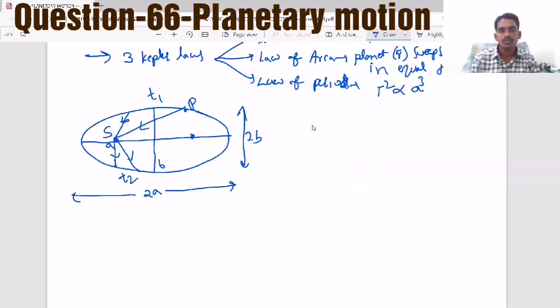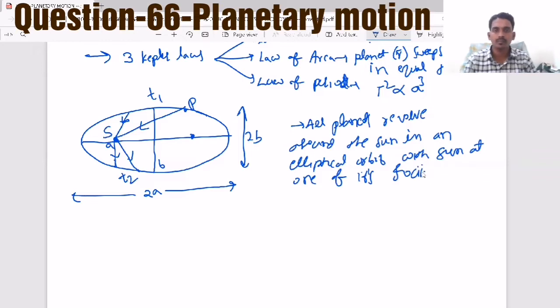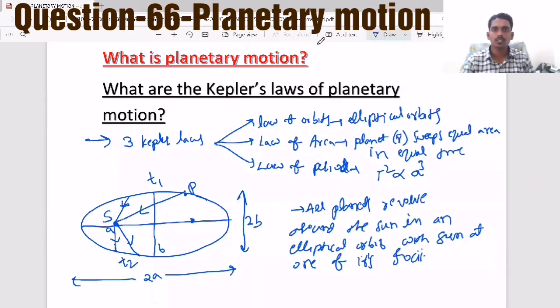Then the first law says that all paths are elliptical, meaning all planets revolve around the sun in an elliptical orbit with the sun at one of its foci, one of the focus.